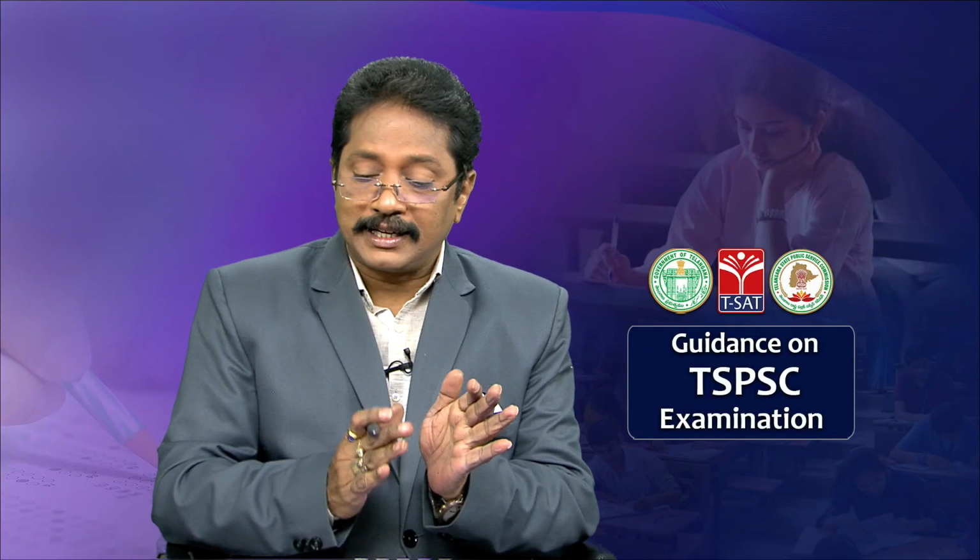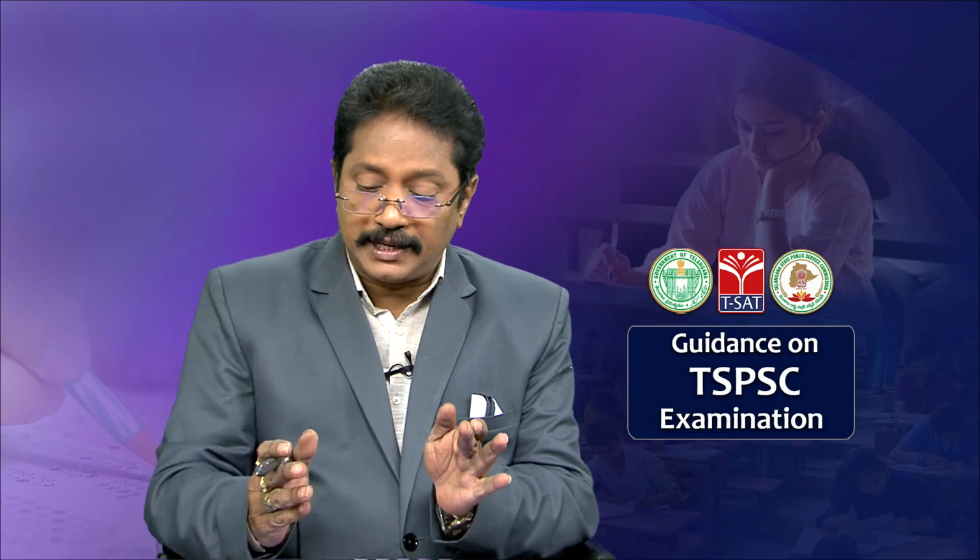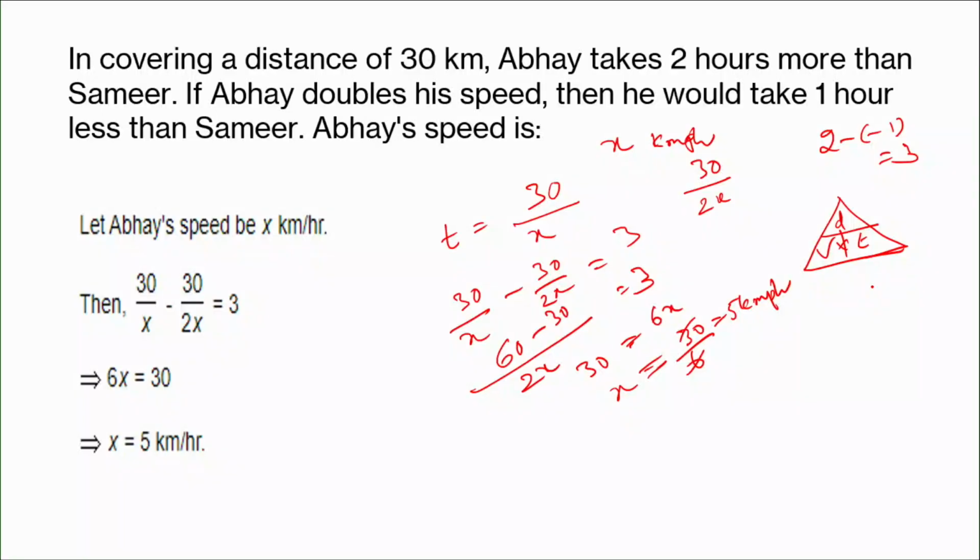Here the information is, when he uses his normal speed, he covers 30 kilometers 2 hours less than Sameer. But when he increases speed to double, he would take 1 hour less than Sameer, so it will be 2 minus of minus 1, that is 3 hours.